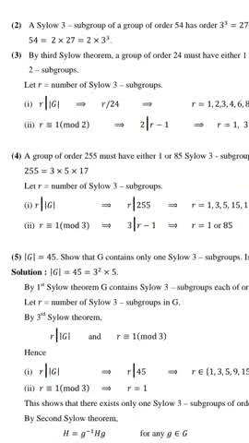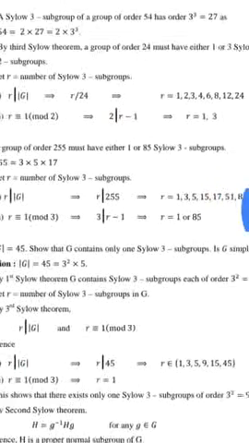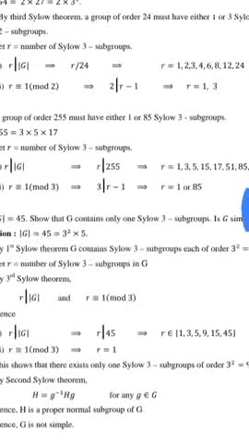R is congruent to 1 modulo 3, that is 3 divides R minus 1. Therefore, R is equal to 1 or 85.